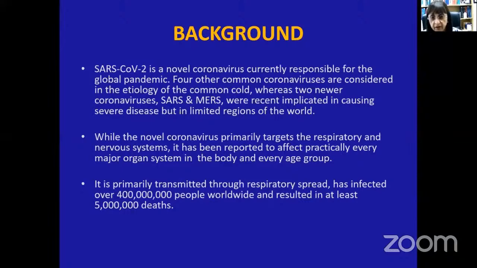While the novel coronavirus primarily targets the respiratory and nervous systems, it has been reported to affect practically every major organ system in the body and every age group. It is primarily transmitted through respiratory spread, has infected over 400 million people worldwide, and resulted in at least 5 million deaths.